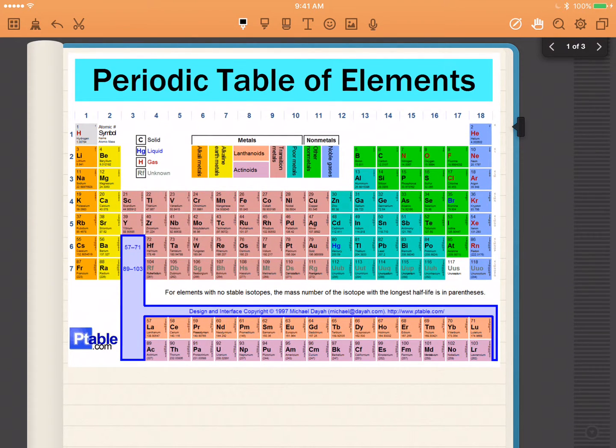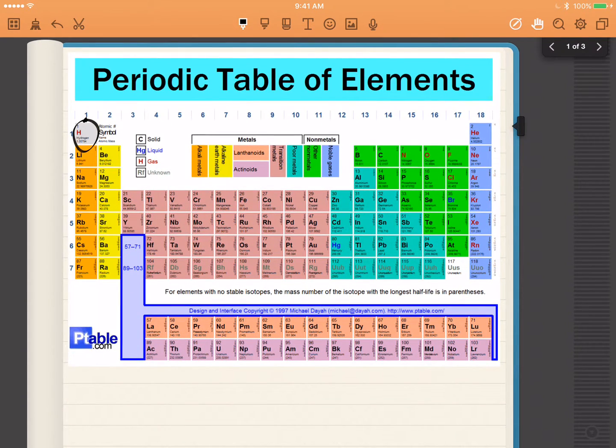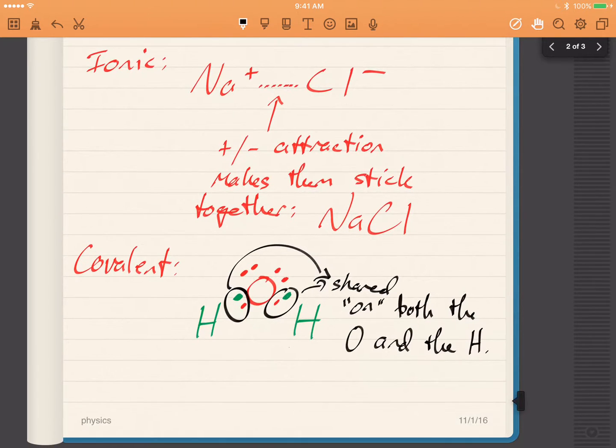Hydrogen is the one special one, where it being over here means that it's happy with just 2 electrons, because it only needs to get to the end of the first row. So hydrogen's happy with 2, and let's look at it. 1, 2 for that hydrogen, and he's happy. 1, 2 for that hydrogen, and he's happy.